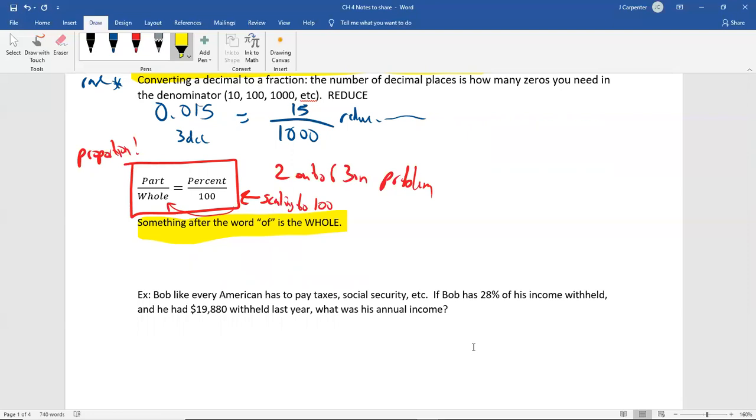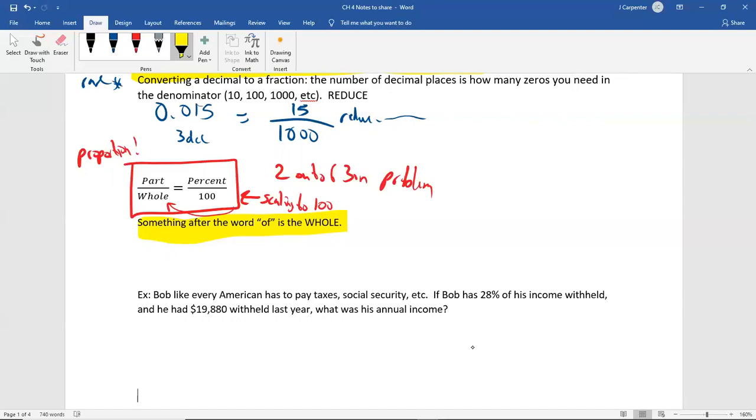If he only earns, say, $5,000, how would he have 20 grand taken from him? Because there isn't even 20 grand to take. So he's going to at least have to earn $30 or $40 or $50,000 for Uncle Sam to take 20 grand. If he earned $40,000, this 20 grand would be half of that.